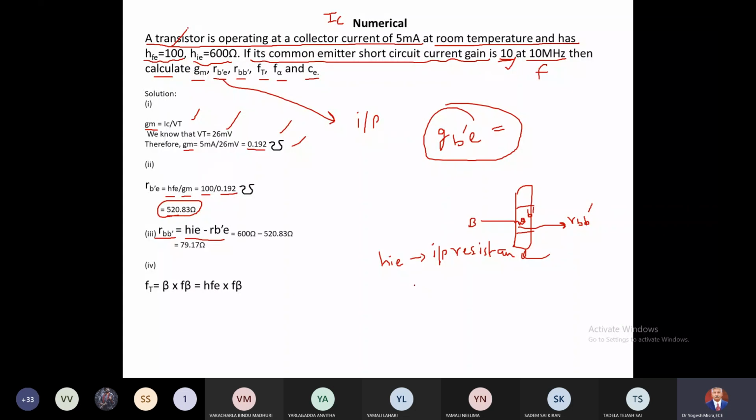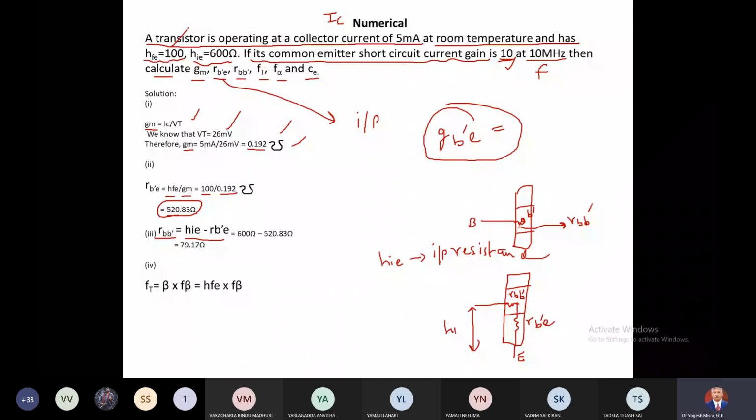If you see this figure, this is RBB dash, and here this is RB dash E, and here you have the input resistance HIE.